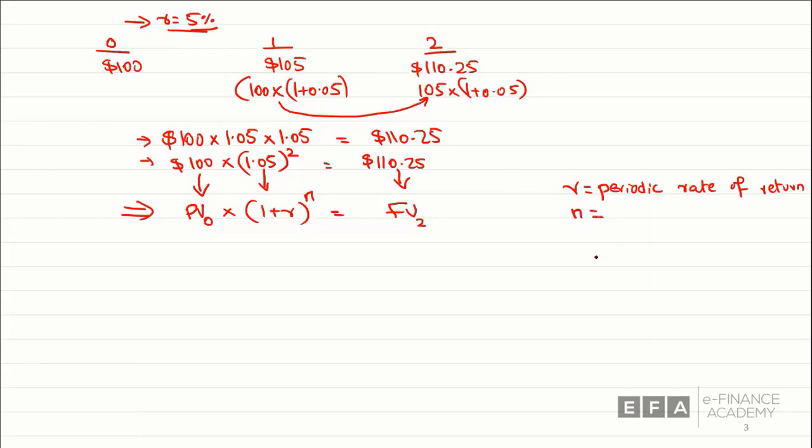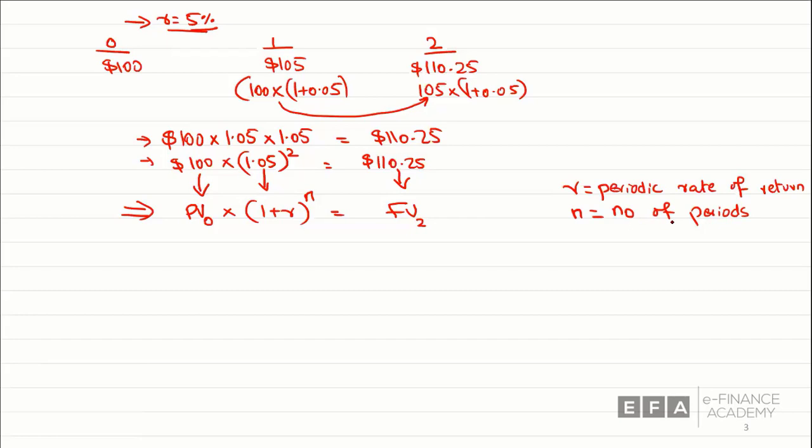Likewise, N, and I always say two things are periodic here. R is periodic rate of return, and N is number of periods, not number of years. So if it's quarterly compounding, number of periods each year would be 4. If it's monthly compounding, number of periods in each year would be 12. So if it's quarterly, this becomes number of quarters.